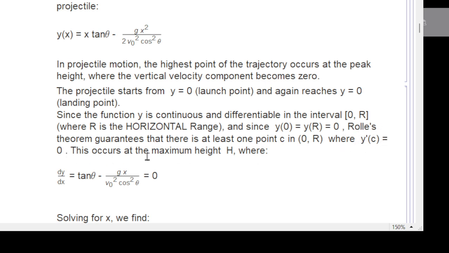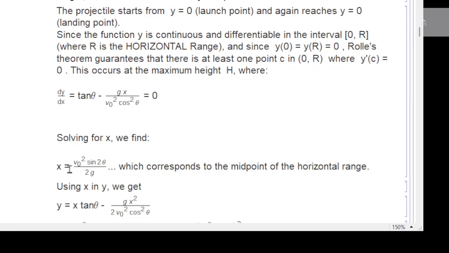So this occurs at maximum height h where the derivative of the function becomes 0. So this x becomes h. So when we solve this equation, we have x equal to v naught sine 2 theta into g.